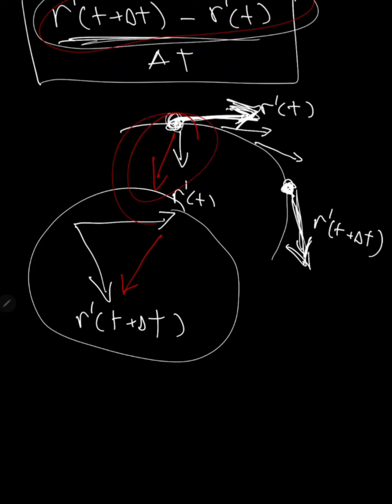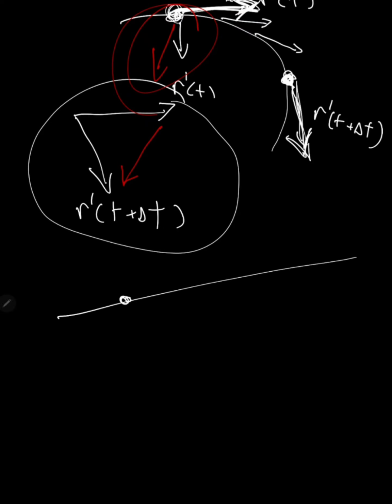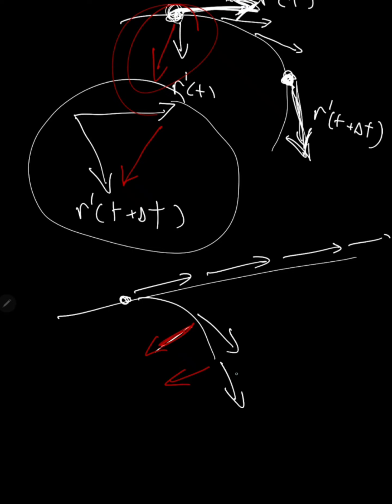Oftentimes that pull is roughly going to be the force that's acting on your particle, which makes sense because if you have no forces acting on a moving particle, it's just going to continue moving in a straight line with a constant velocity. But if you introduce some sort of pull, it's going to make it curve, and that's what causes non-linear motion.